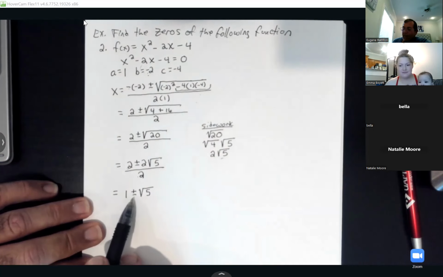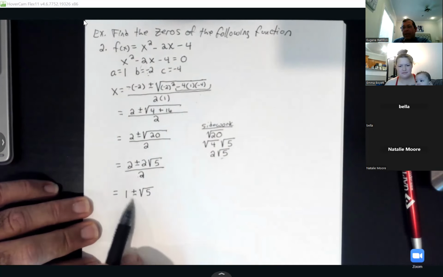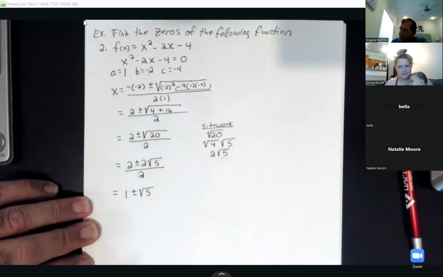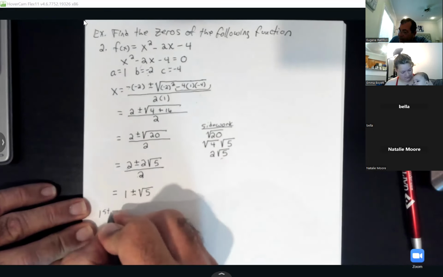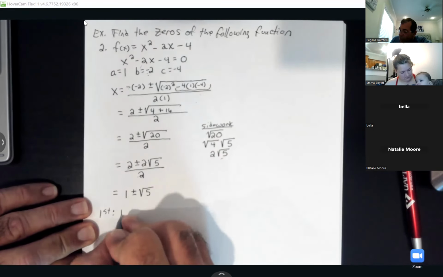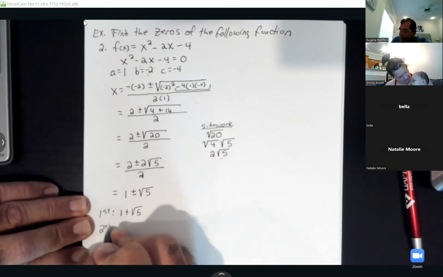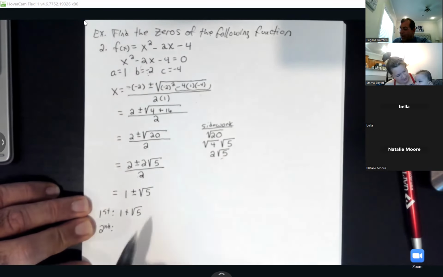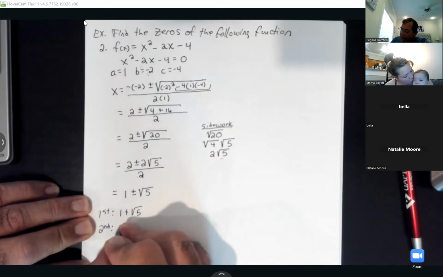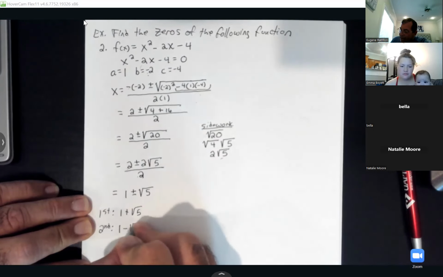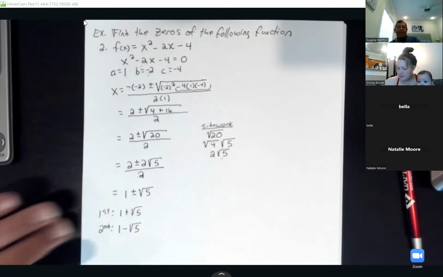So y'all, in MathLab, I would shortcut this answer by using the plus or minus, but the first answer would actually be 1 plus square root of 5. The second number, I'd use the minus, and I get 1 minus square root of 5.